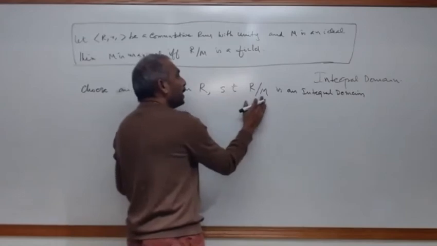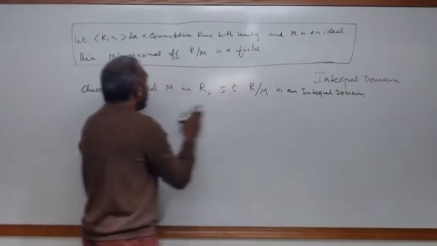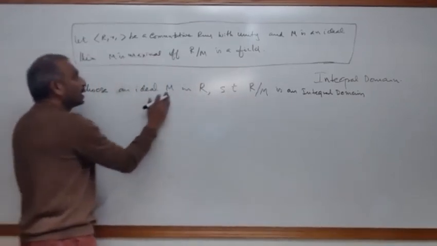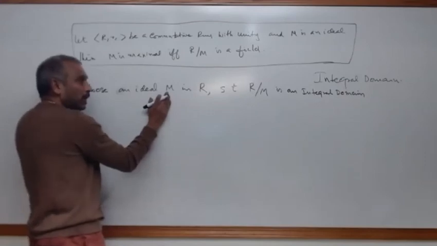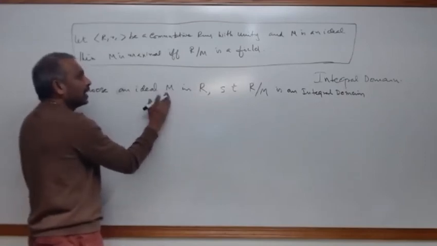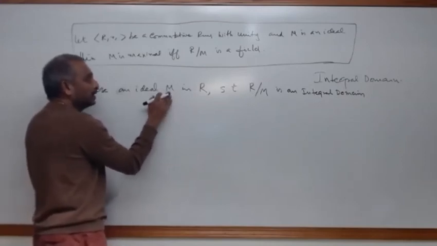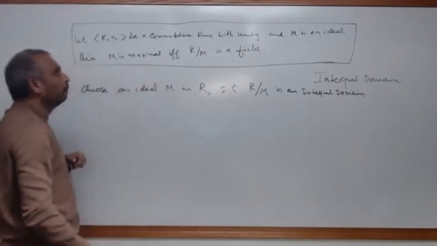If you want to make R by M an integral domain, what are the conditions you want to put on the ideal? And that condition, if you apply to this ideal, then it will become the prime ideal.